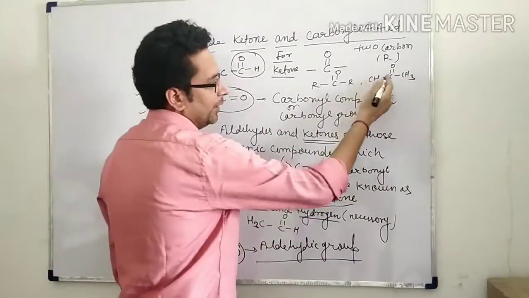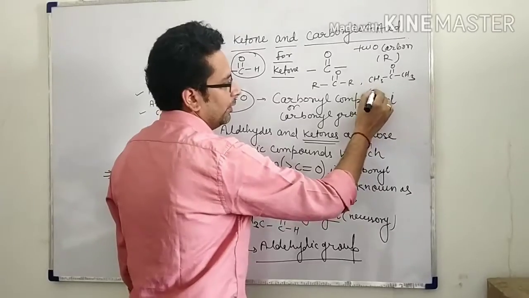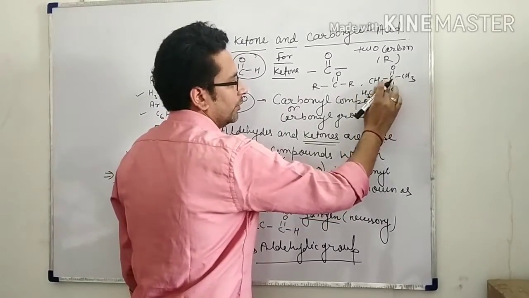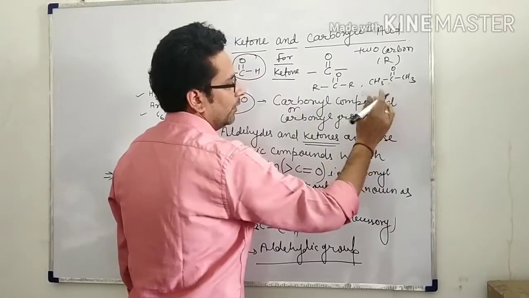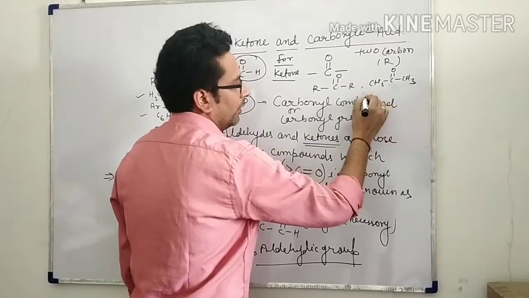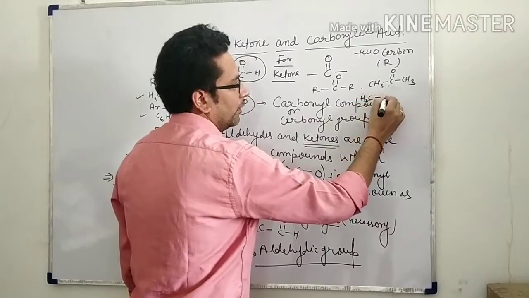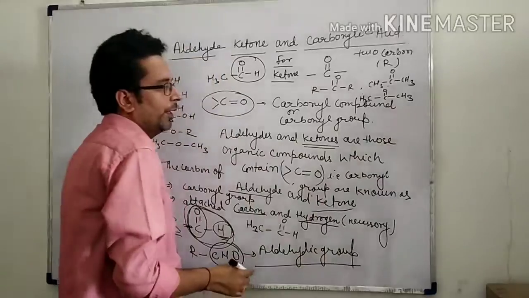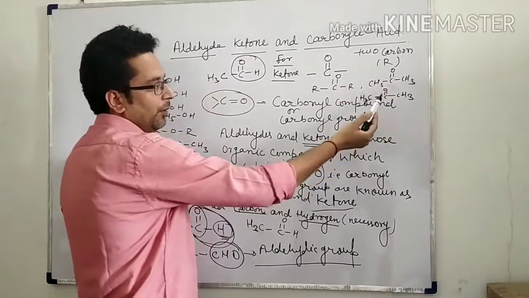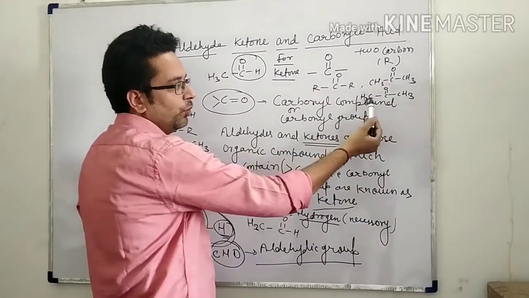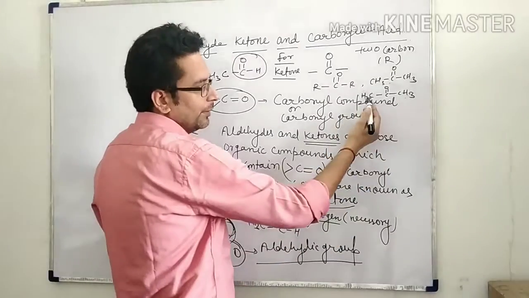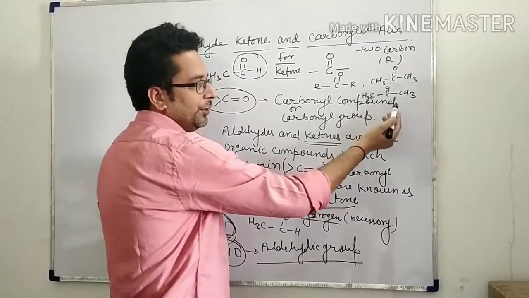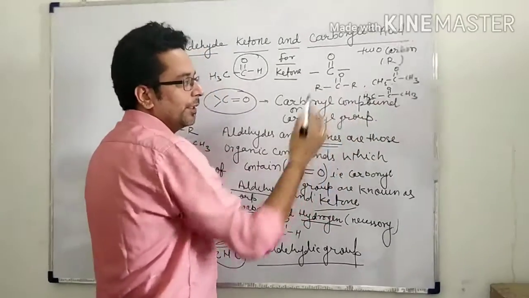Now look here, it can also be written as CH3COCH3. The carbon of the carbonyl group is attached with two carbons. It is necessary that the carbon of the carbonyl group is attached with two carbons in case of ketone.